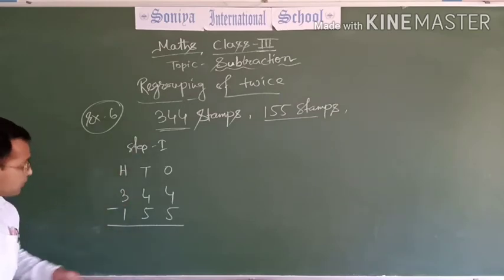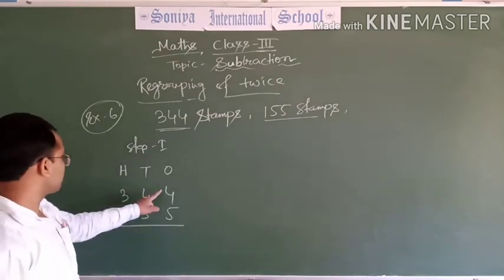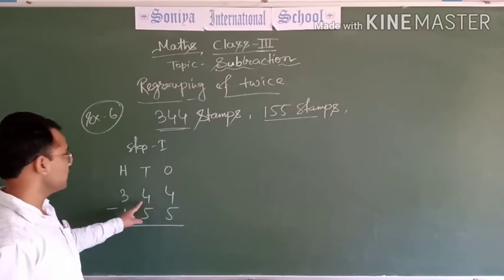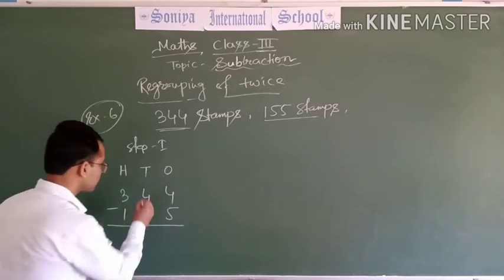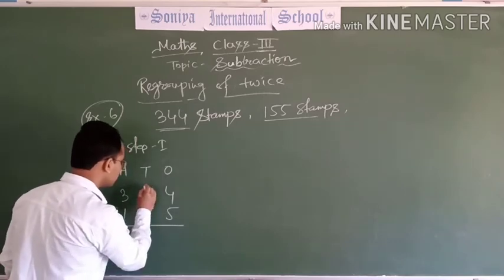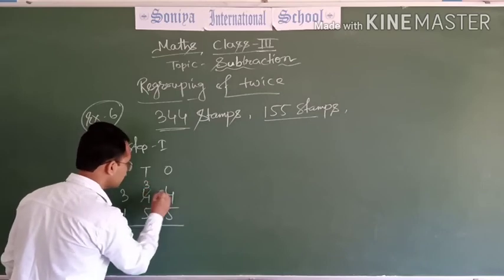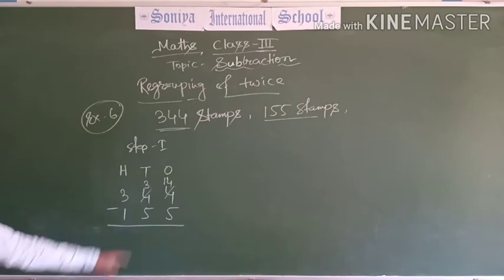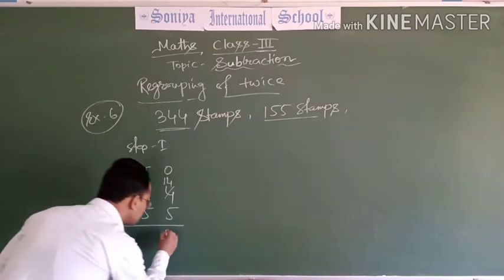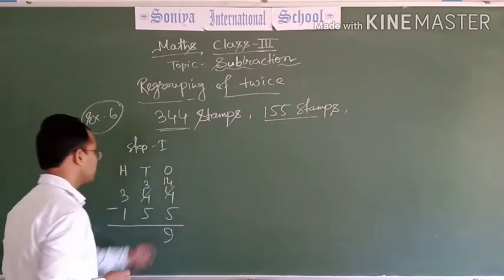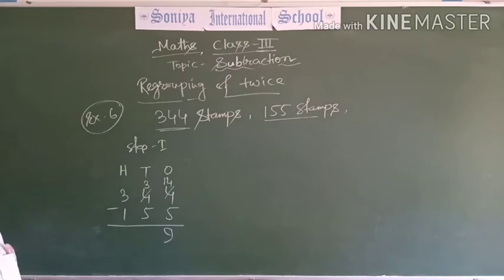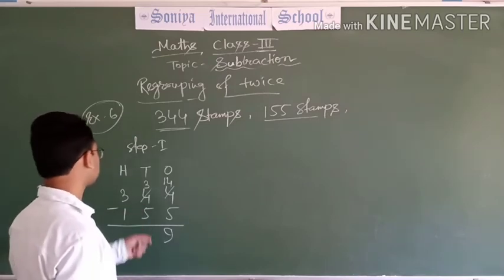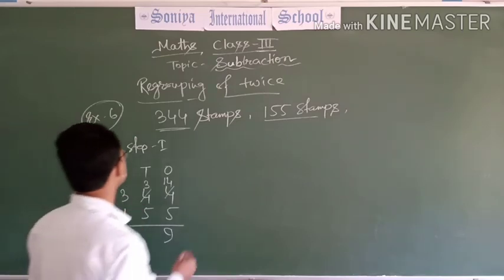Step 1 is only the ones place. 4 is less than 5, so carry from the tens place. Here 3 and here add 10, that means 14. So 14 minus 5 is equal to 9. So step 1 is done.